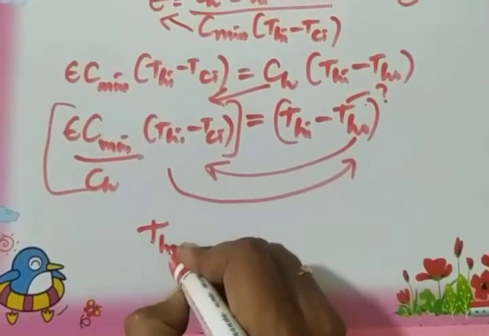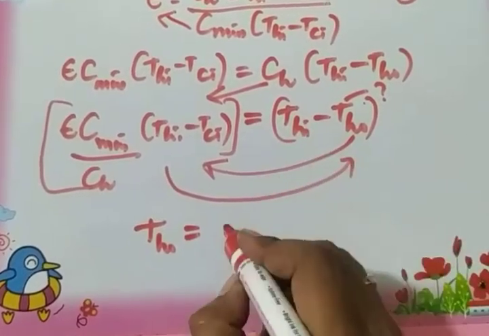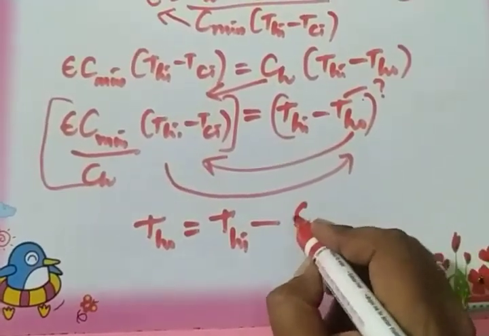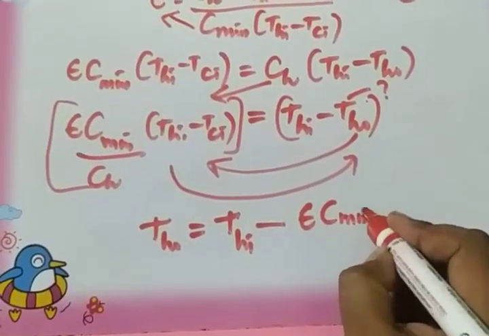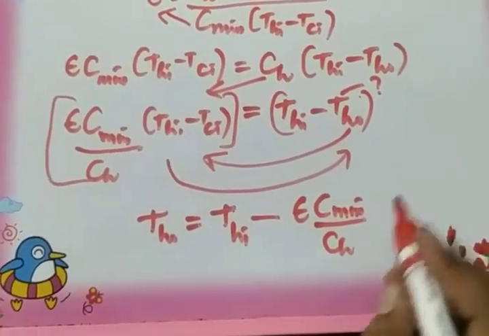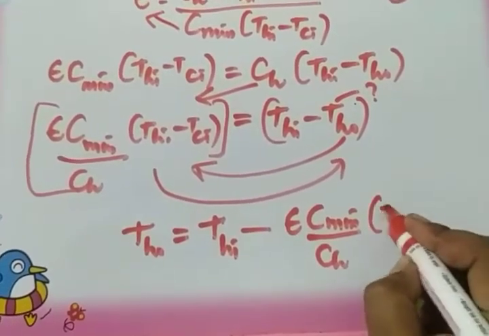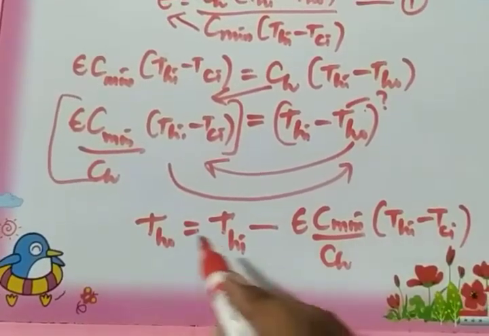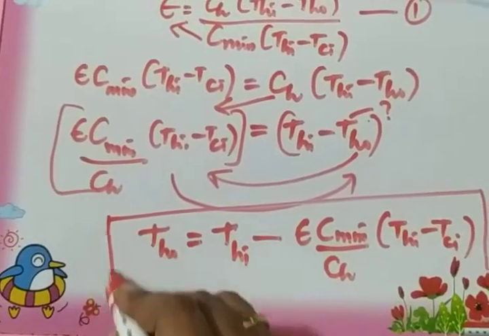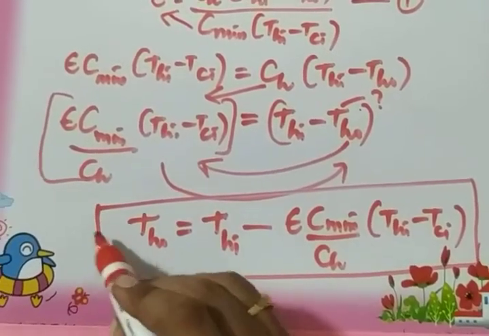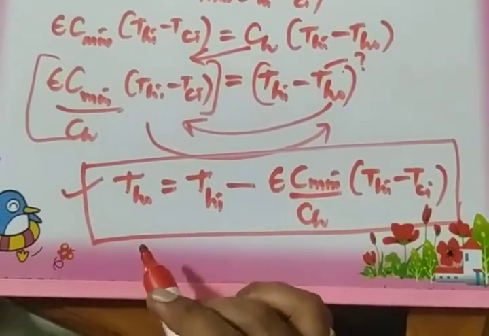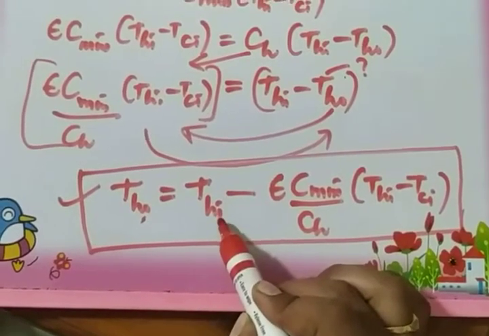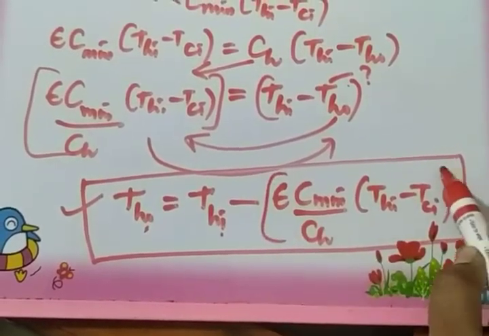So therefore THO is equal to THI, I will write it as it is, minus this whole bracket, that is effectiveness into Cmin divided by CH, multiplied by THI minus TCI. This is the expression for the outlet temperature of the hot fluid. I repeat, the outlet temperature of the hot fluid THO is equal to THI minus this term.